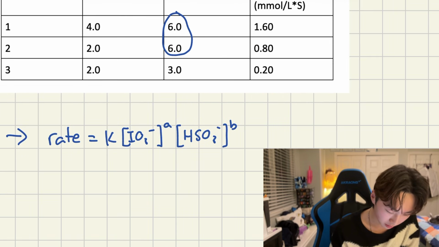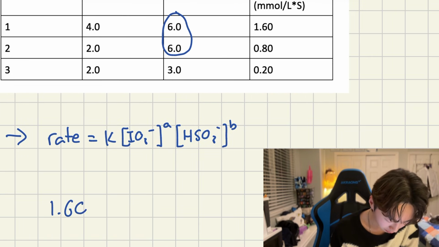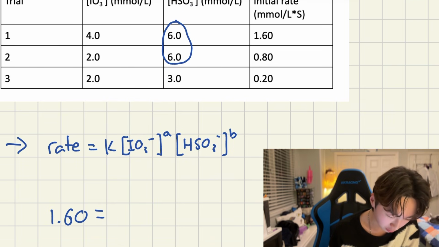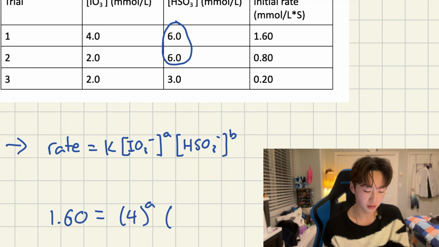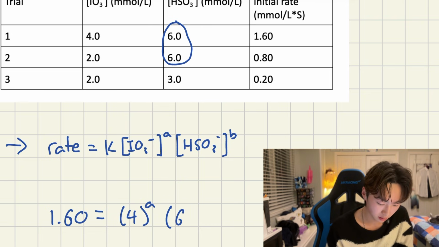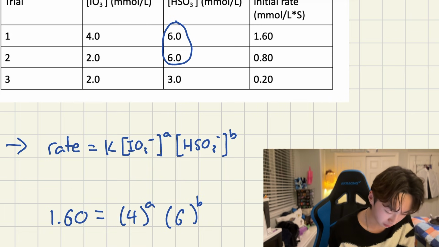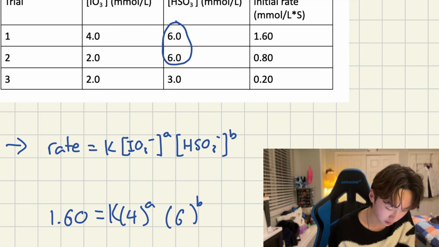So our first rate is 1.60. It's equal to the concentration of IO3 minus, which is going to be 4 to the power of A, times the concentration of HSO3 minus, which is 6 to the power of B. And we've got to make sure to multiply it by the rate constant.